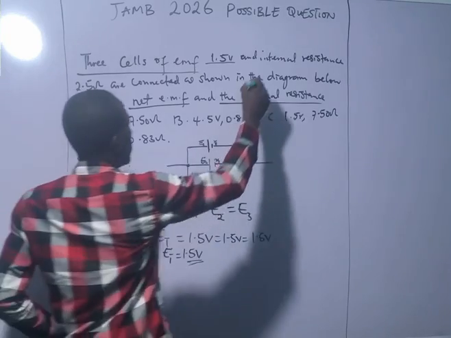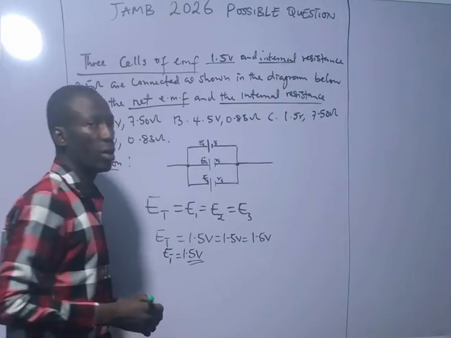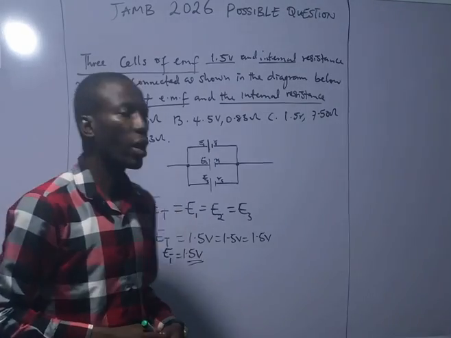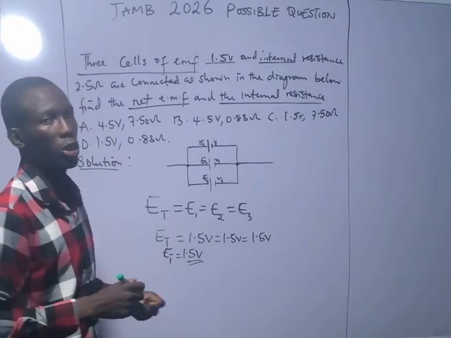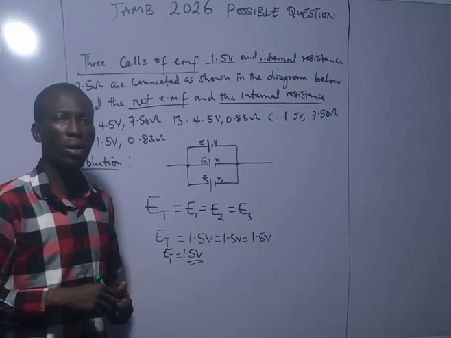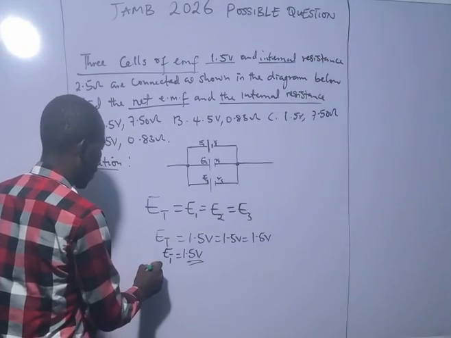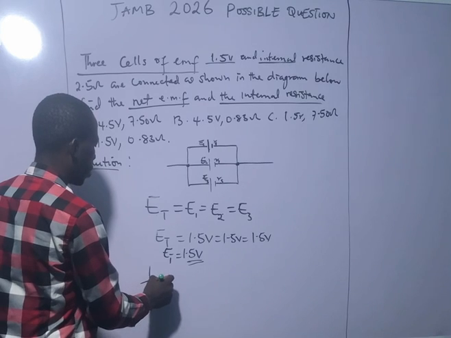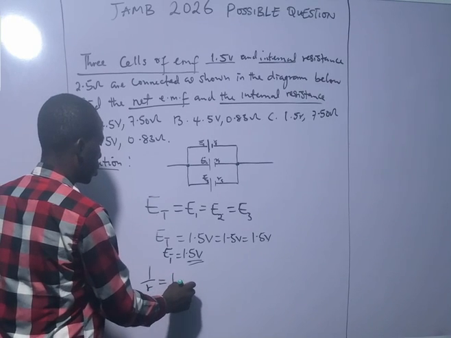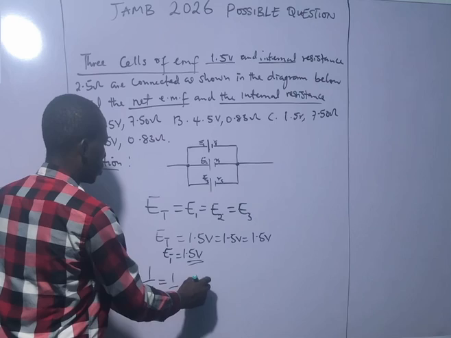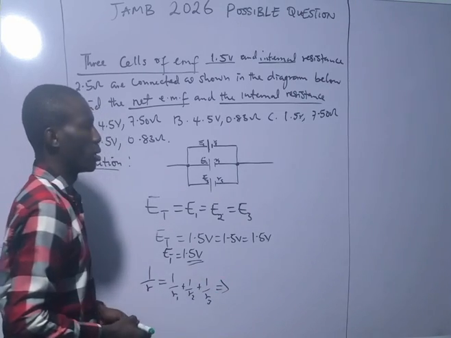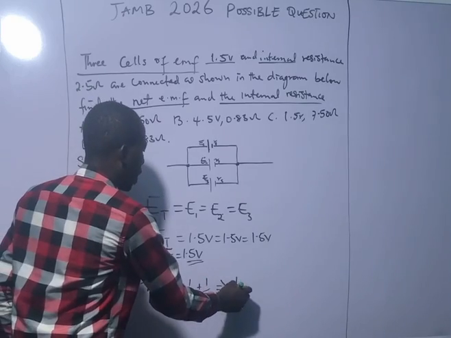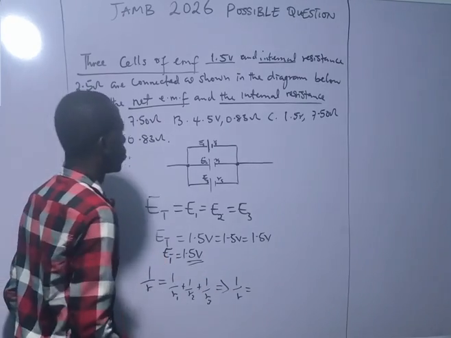Then we still have the internal resistance. How do we calculate the internal resistance? Now, calculating the internal resistance, still take note that this is a parallel connection. And since it is a parallel connection, that means that we have 1 over R equal to 1 over R1 plus 1 over R2 plus 1 over R3, which implies that 1 over R is equal to, what's our first R?